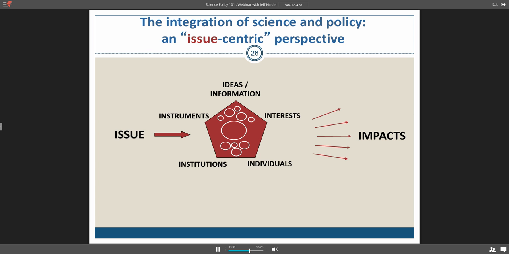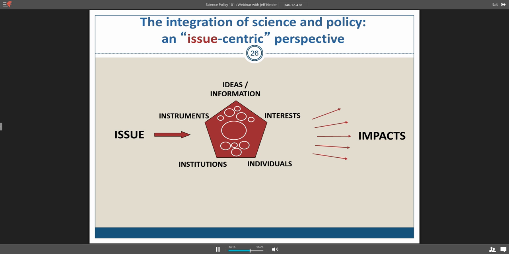The problem with this from the scientific point of view is that nowhere is there an explicit input from science. And I think that's the reality, that science does not necessarily have a privileged input into policymaking, but it has to, just as any other area, compete with other inputs by providing either better ideas, better information, but also dealing with interests, individuals, institutions, and instruments, perhaps providing new technological solutions or new methods.